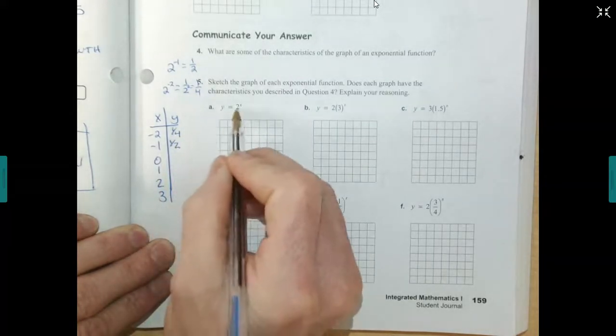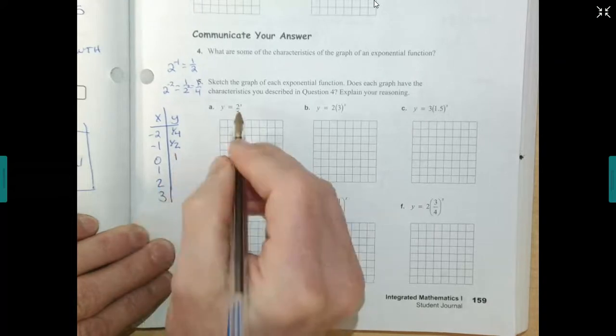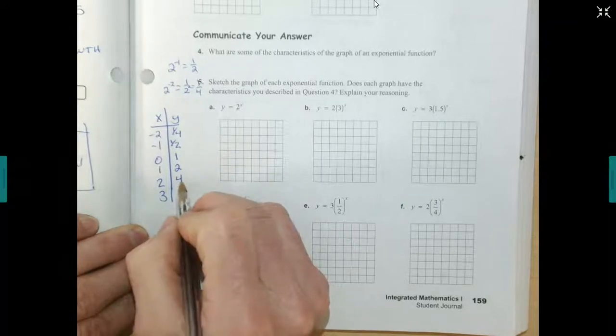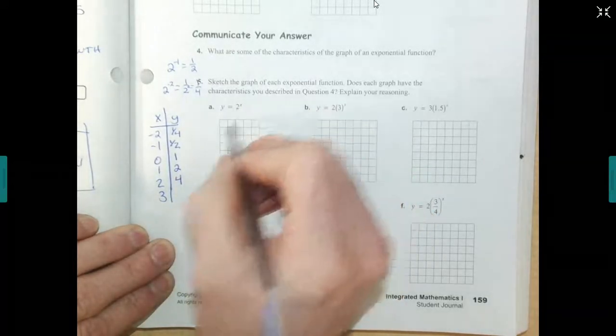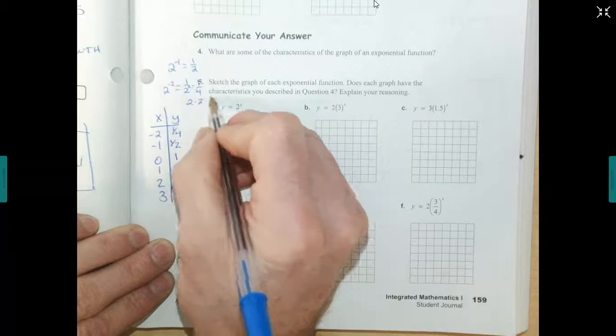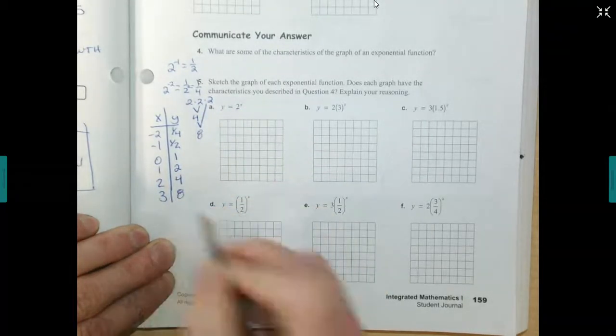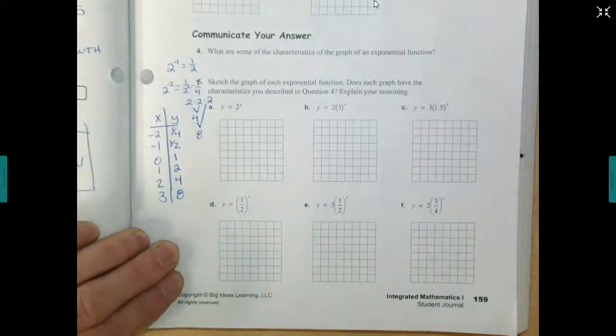Anything to the 0 power is 1. 2 to the 1 power is 2. 2 squared is 4. And 2 to the 3rd is 2 times 2 times 2, which is 8. There you go.